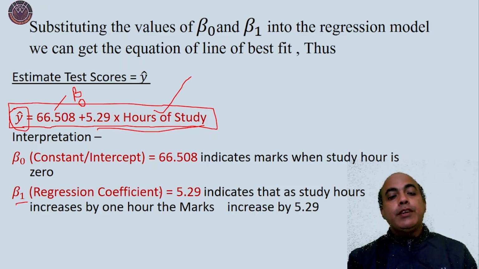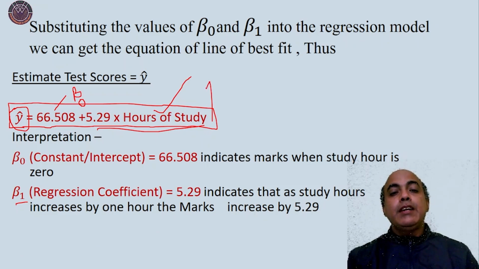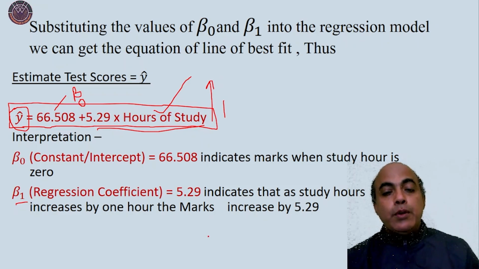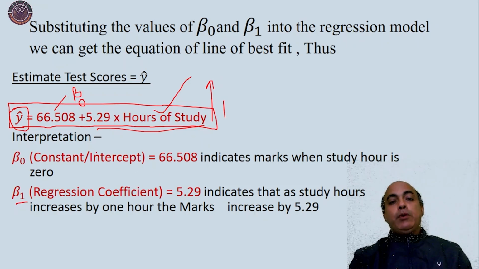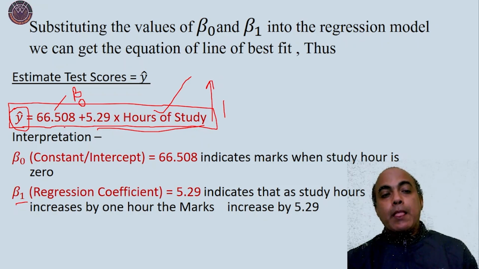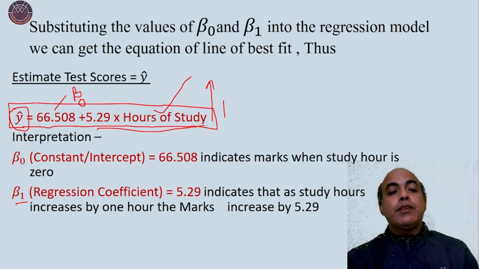Beta 1 is called the regression coefficient. We got it as 5.29, which indicates that as study hours increase by 1 hour, the marks increase by 5.29. Suppose hours of study is 1, then marks will be 66.508 plus 5.29 into 1.